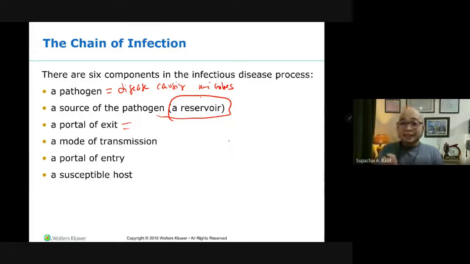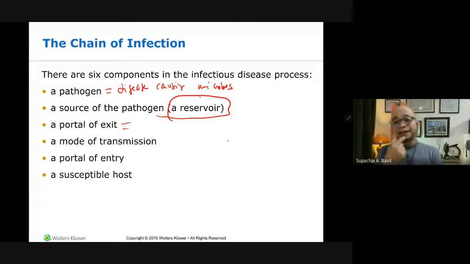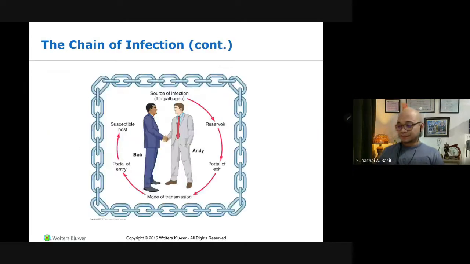Again, in cases of COVID-19, it enters via our mucous membrane, by our mouth, eyes, and even by our nasal cavity. And then, of course, the presence of susceptible hosts. In cases of COVID-19, humans are considered to be the susceptible hosts. All of these are considered as the chain of infection.